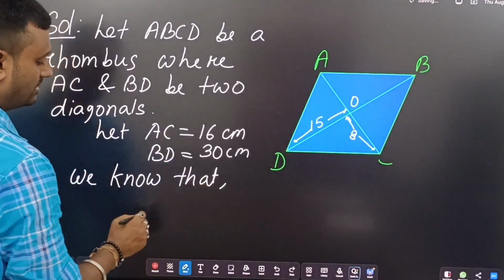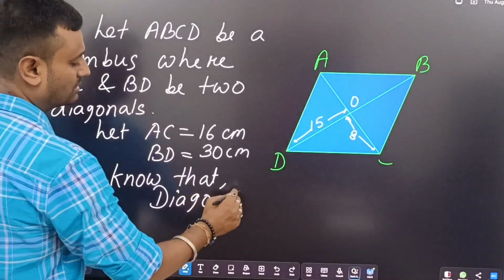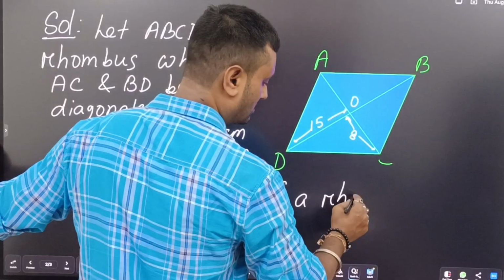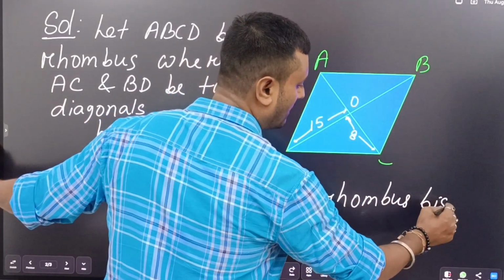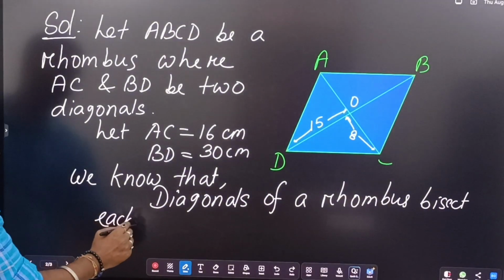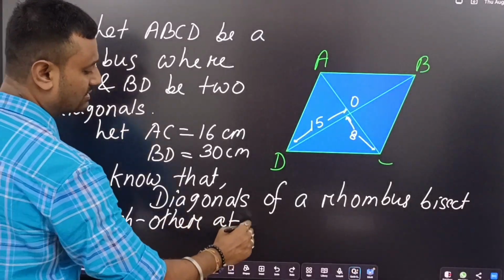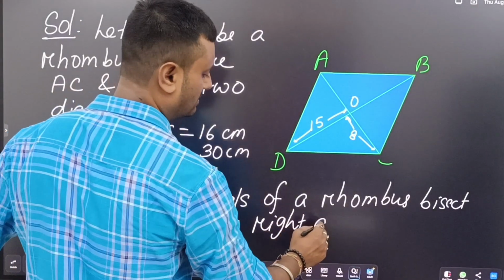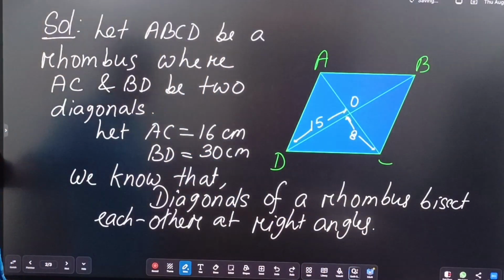bisect each other at right angles. Okay, bisect each other at right angles.